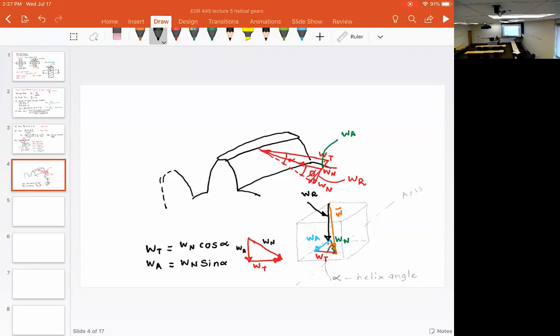But recognize Wn actually needs to be along the pressure angle. So this angle is tricky to show, but I want you to recognize this. This angle is the pressure angle phi.